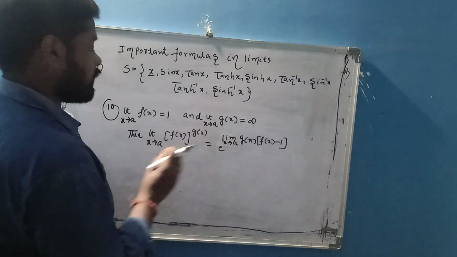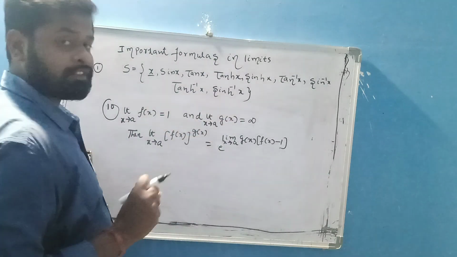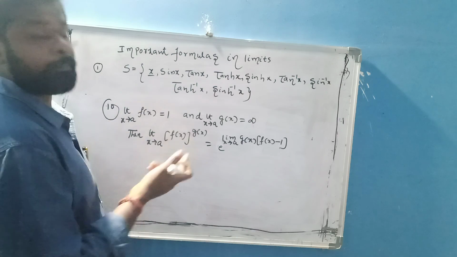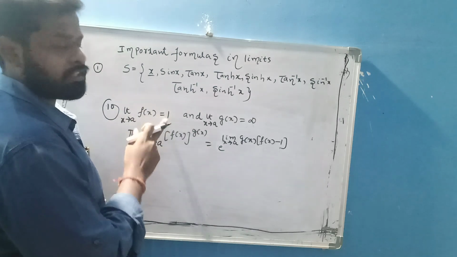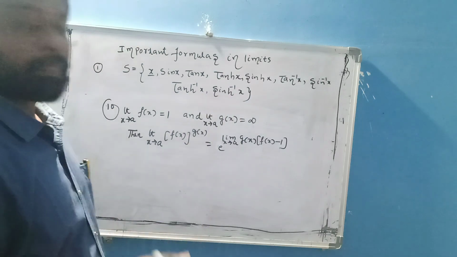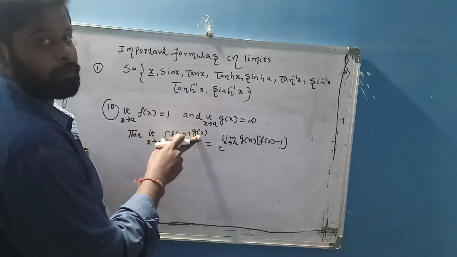You can apply this formula when one function f of x and one function g of x is given. After applying the limit we get 1 for the first function, and for the second function we get infinity. Then the form is limit x tends to a, f of x whole power g of x.